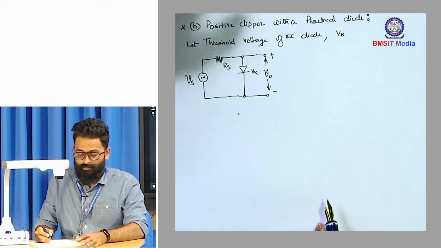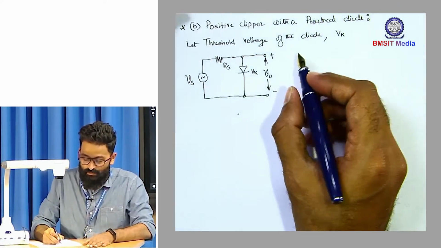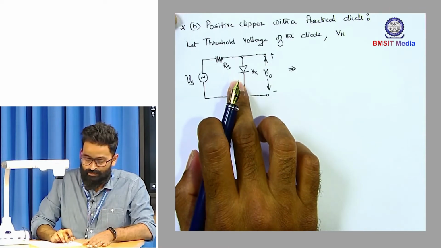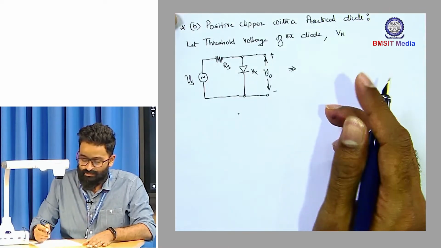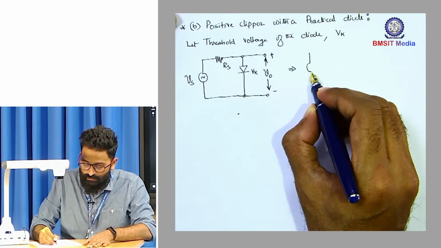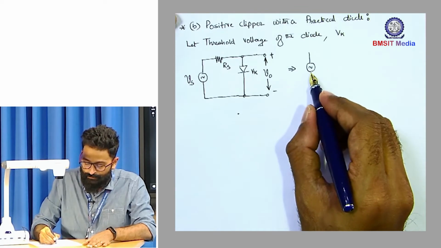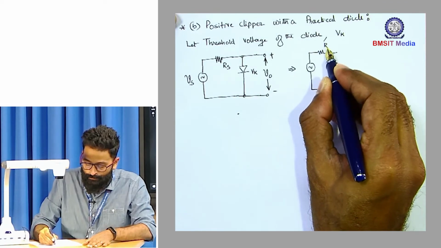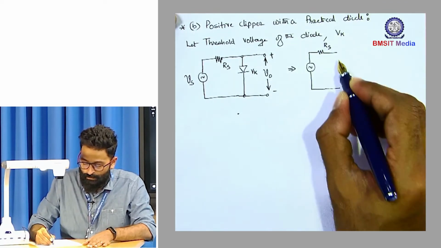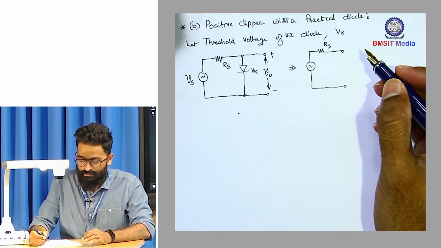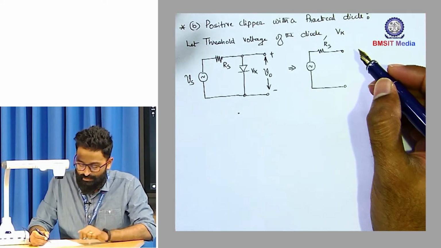Okay. So the barrier potential is Vk, hence what we have to do is, in place of practical diode, you're supposed to substitute the equivalent circuit. So in the previous class we have discussed about the equivalent circuit as well. So observe carefully how we are going to insert the equivalent circuit.